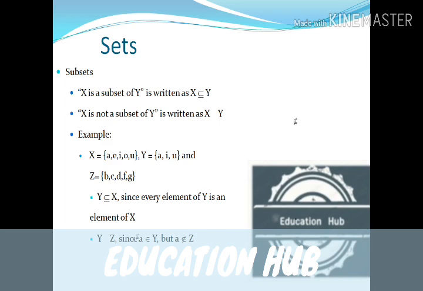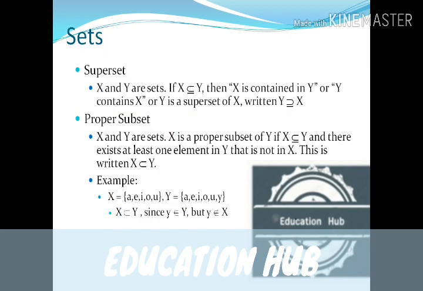And if it is not a subset, then you write it with a cross through the symbol. Now the example: X is A, E, I, O, U, and Y is just A, I, U, and Z is B, C, D, E, F, G. That way you can write it down.